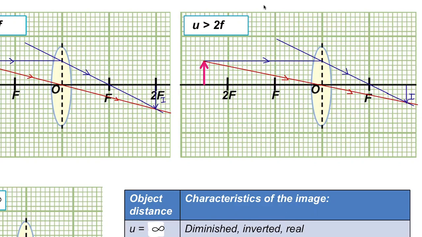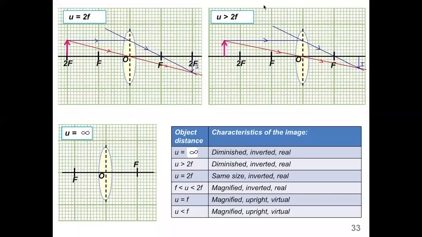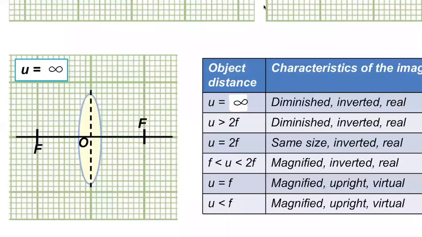Then the last one is when the position of the object is at infinity, meaning the object is very, very far away, like the stars.